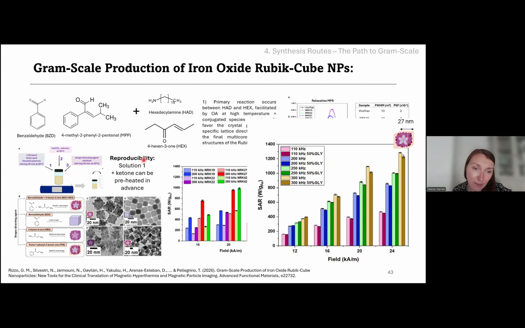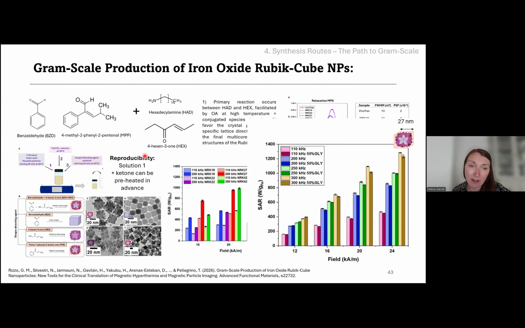Another important point is that the reproducibility of this method could be improved if solution 1, so the octanol, the oleic acid, and the hexadecylamine, was mixed with the ketone, preheated in advance for 2 hours, and then used for the synthesis in a second step.